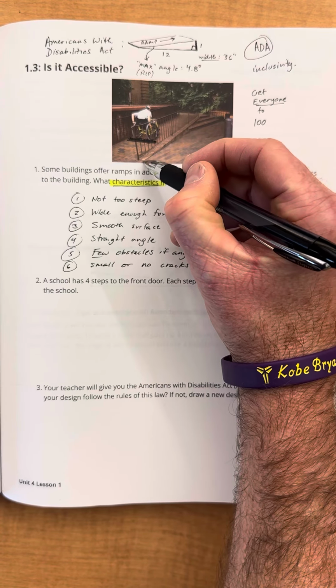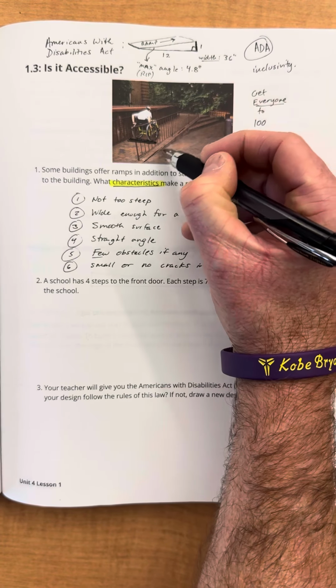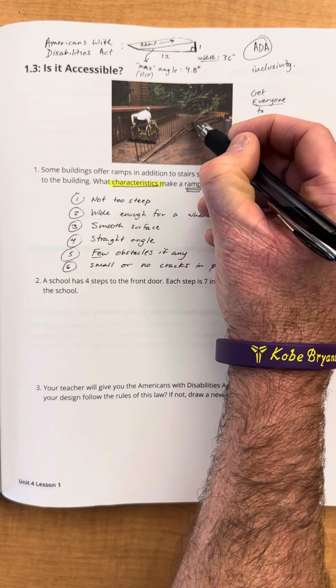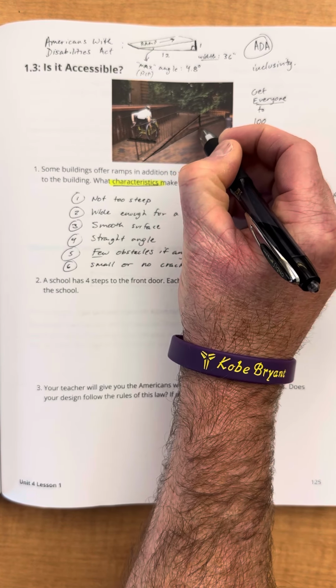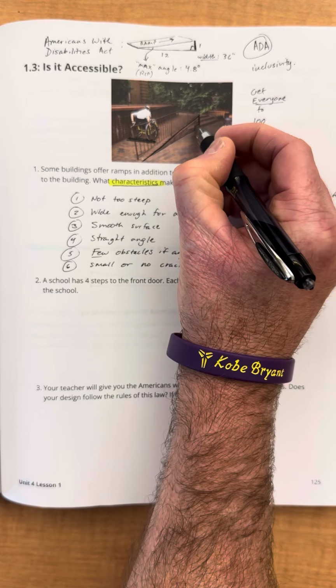If you look at this drawing, here's your right triangle right here. It looks a little different because this is real life, so although that doesn't look like a right angle, it is.